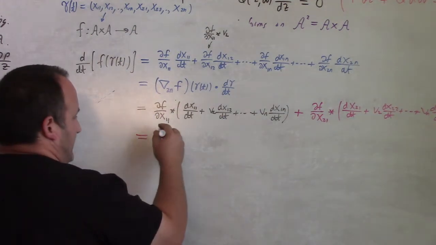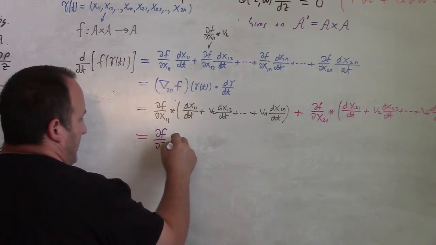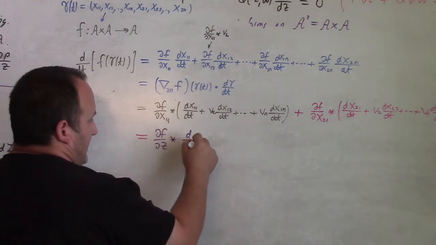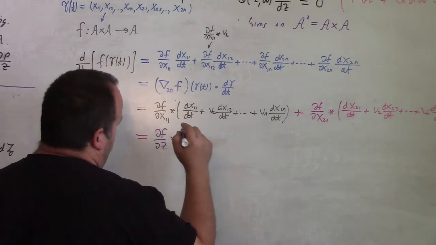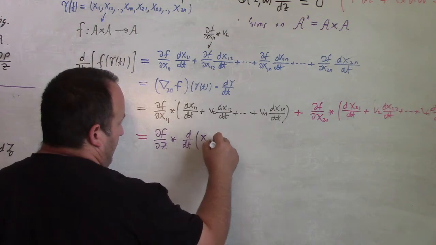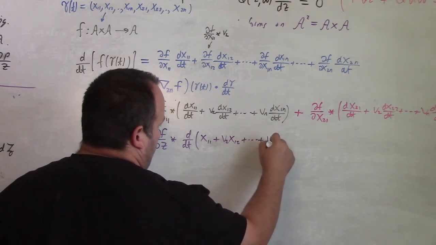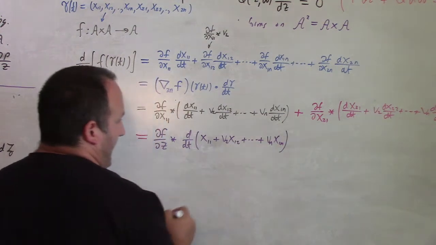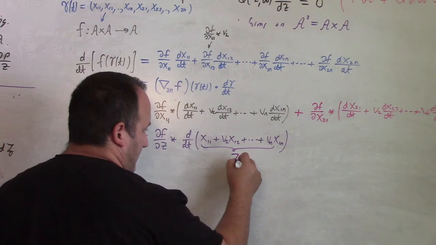First, that's partial f, partial z, right? And this is d/dt of what? Gamma t? Well, not quite. It's x11 plus v2 x12 plus up to vn x1n. This is literally z.